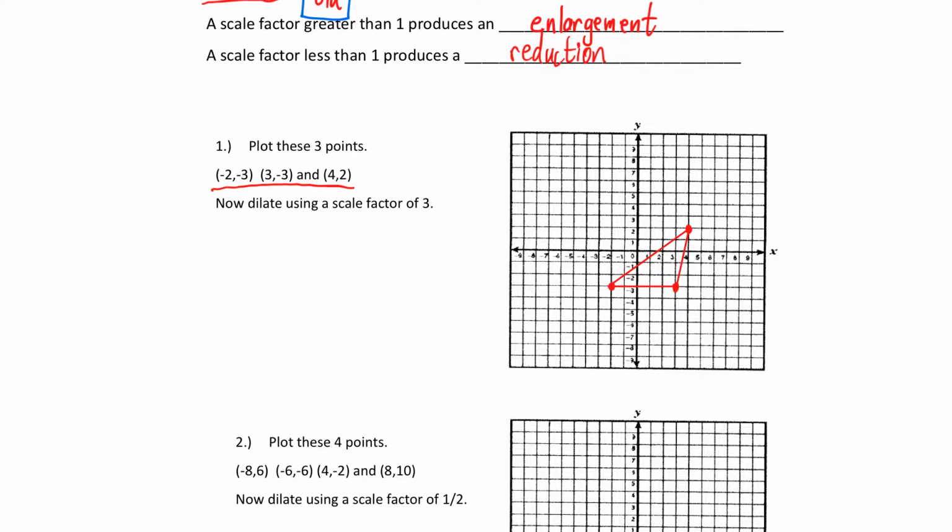Okay, so -2, -3, 3, -3, and 4, 2. So it should make a triangle like this.